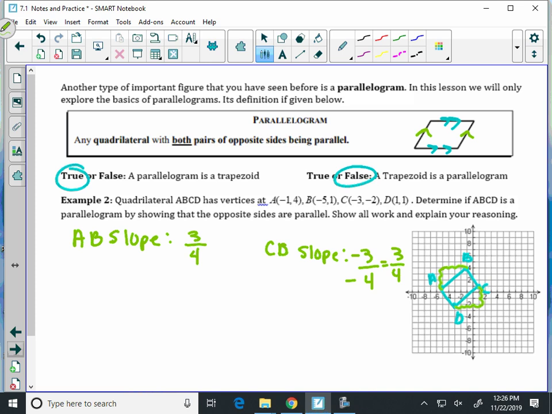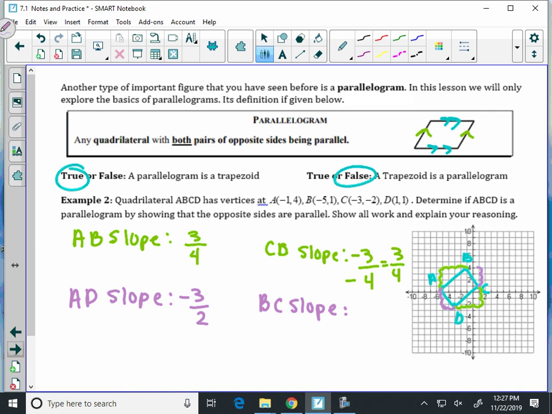So then pick another side. What's our next side we want to find? The slope of BC. What's our rise? Where down did we go? 3. What's our run? We went down, so it's negative. We went right, so it's positive. So let's find the slope of DA. What's our rise?